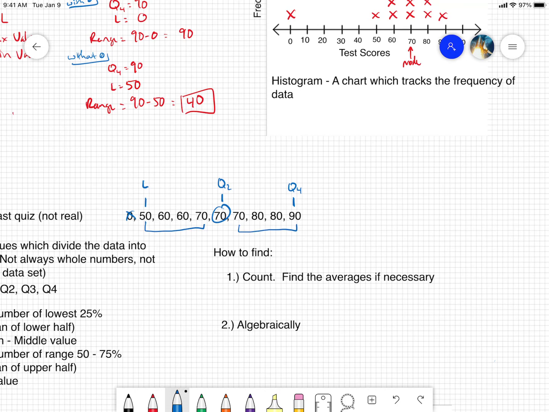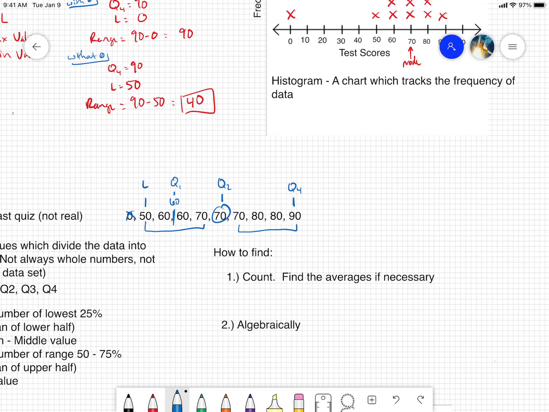Now when I'm looking for Q1, I can see there's 1, 2, 3, 4 points of data, which means it's somewhere in between, between the second and the third one. So it's the average of these two, which would make it 60.